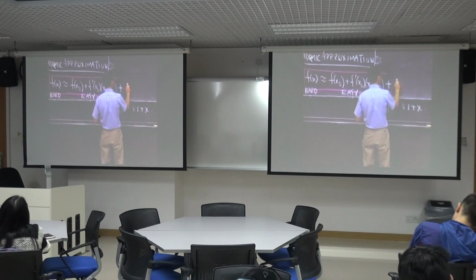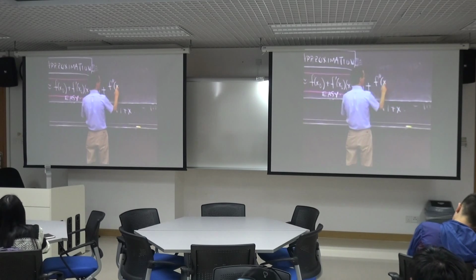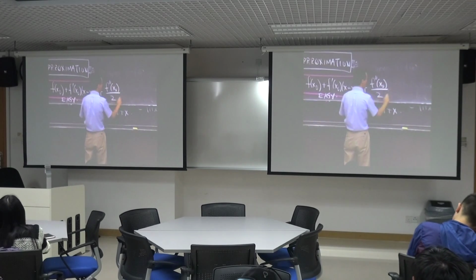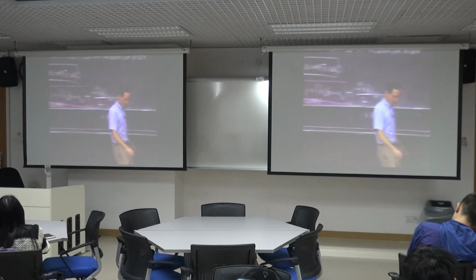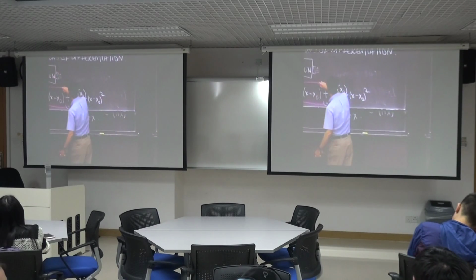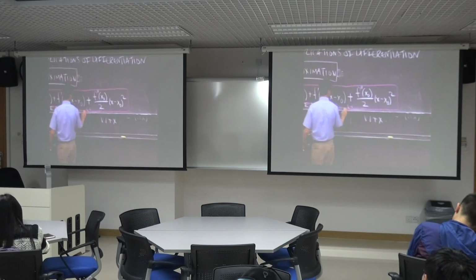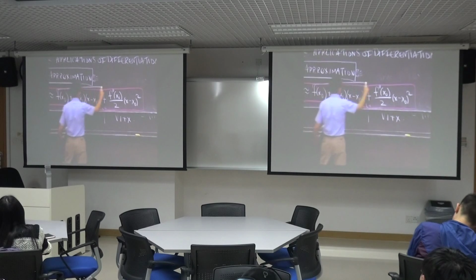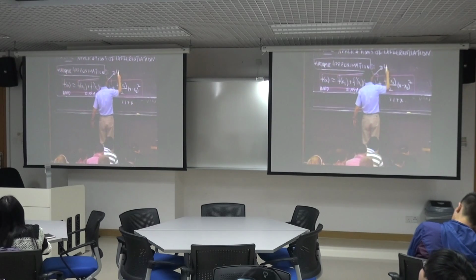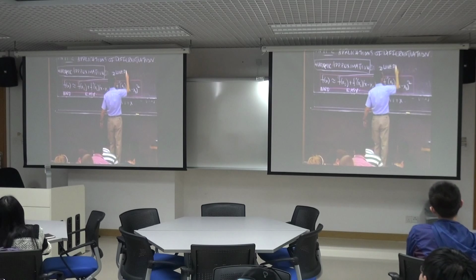And the extra term turns out to be related to the second derivative, but there's a factor of 2. So this is the formula for the quadratic approximation. And this chunk of it, of course, is the linear part. This time I'll spell linear correctly.